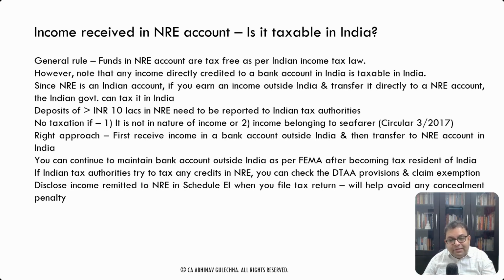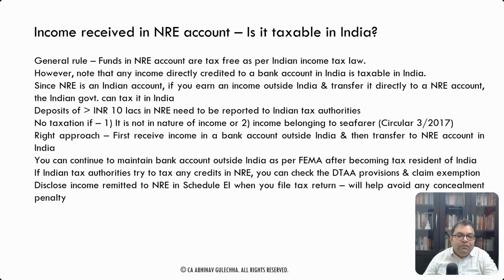Now, when you file a tax return in India and you have incomes credited to the NRE account, you might as well just put those incomes in Schedule EI, right? Schedule EI is basically exempt income, which are incomes that are not taxable. What it does is that later on the income tax department cannot levy a concealment penalty.